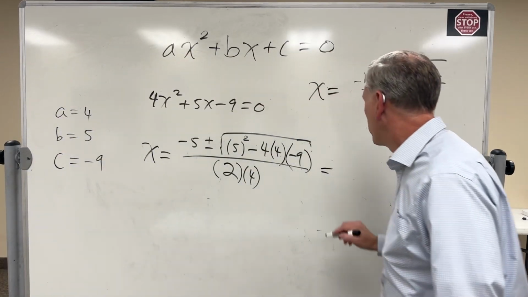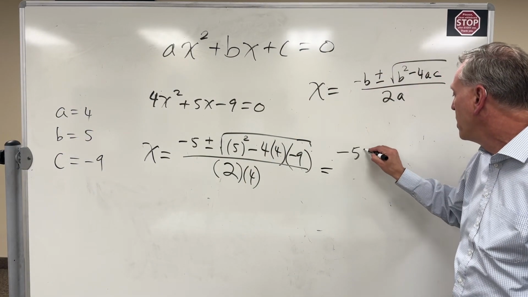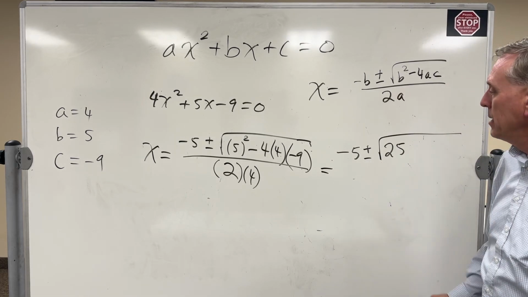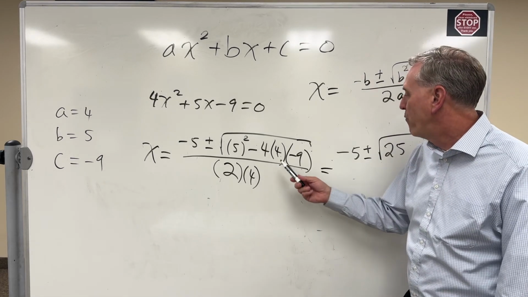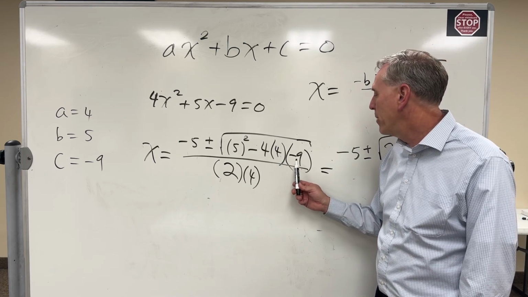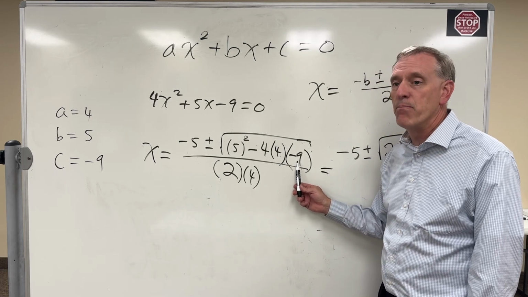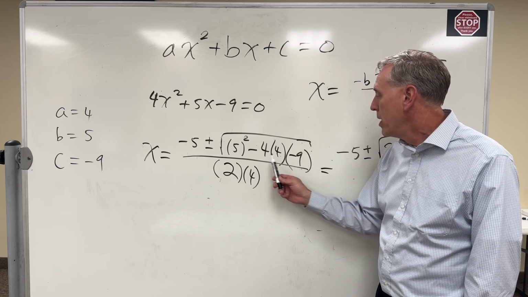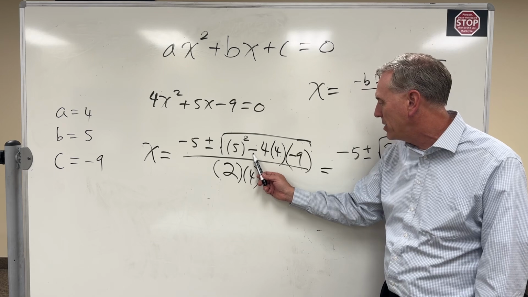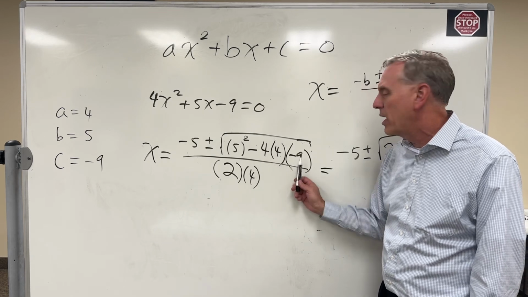Okay, so now we're going to simplify this. Minus 5 plus or minus the square root of 25. Now we have 4 times 4, which is 16. And 16 times minus 9 is a minus 144. And then we got a minus, so this whole thing's positive. You see that minus sign working together?